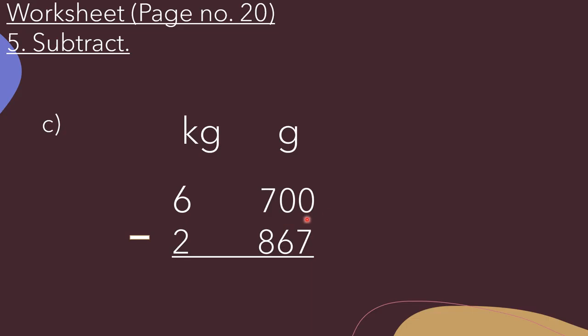So 0 minus 7, that is not possible. So here beta this 0 will take borrow from the left hand side digit, and here the left hand digit is 0. So who will take borrow first of all? This 0 will take borrow first of all. ठीक है, सबसे पहले ये वाला 0 जो बीच वाला 0 है ये हमारा बोरो लेगा और फिर वो बोरो देगा, ठीक है.